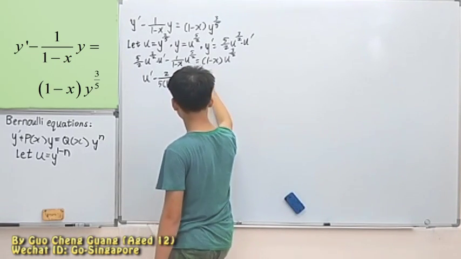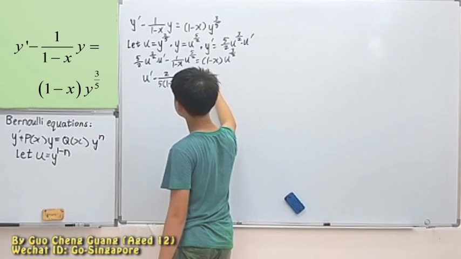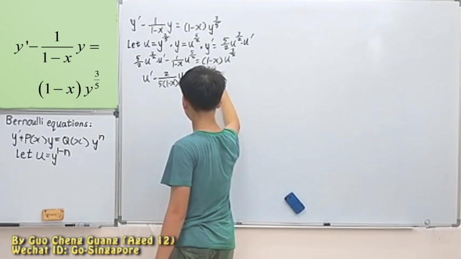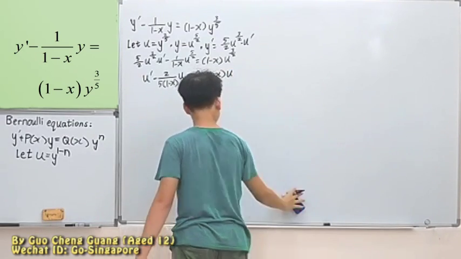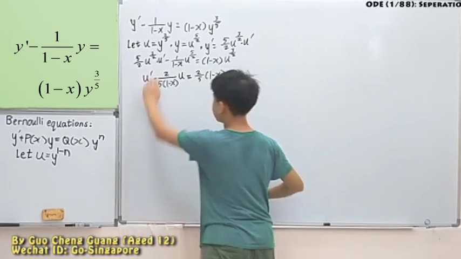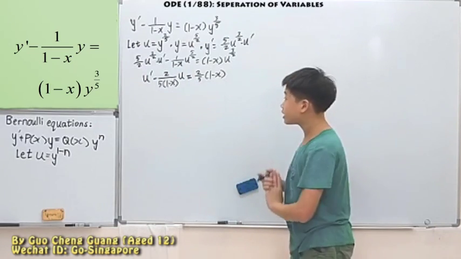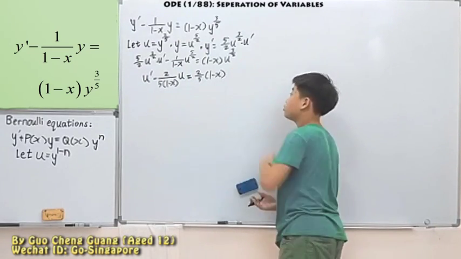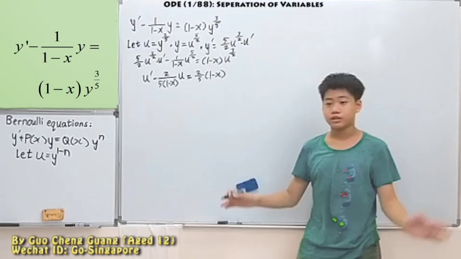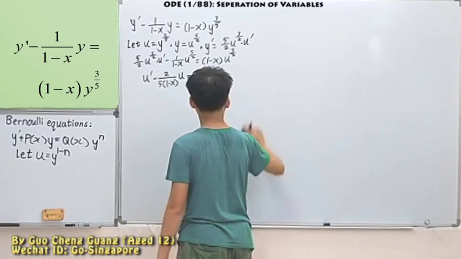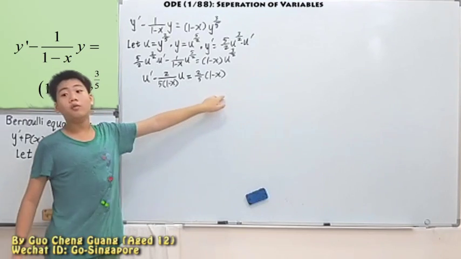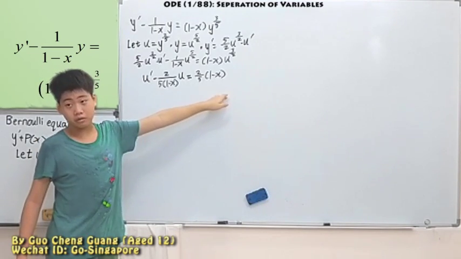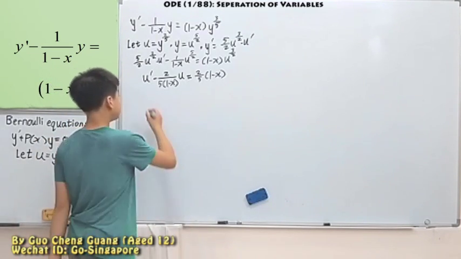And then this would be equal to 2 over 5, then here's 1 minus x. Nope, you don't have another u, because here you times u to the power of negative 3 over 2, and here's a u to the power of 3 over 2, so that means it cancels out. So that means here you won't have anything else.